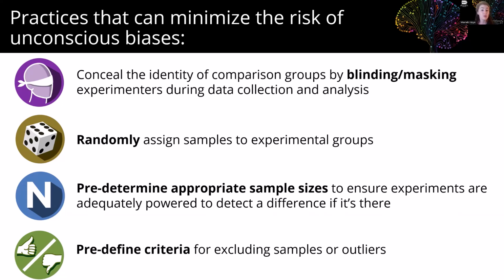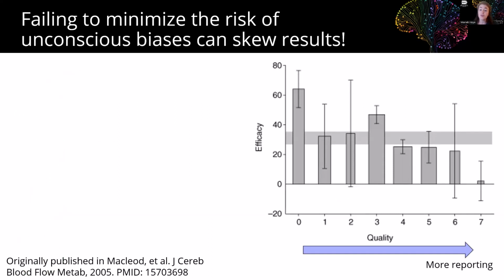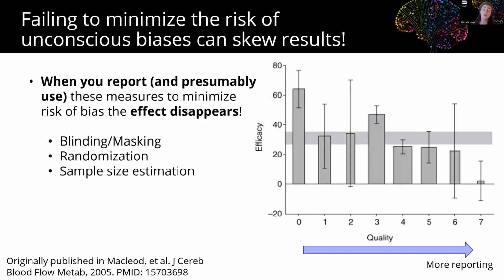So what happens when we don't employ these practices? Well, unconscious bias seeps in and can skew our results. This systematic review and meta-analysis assessed 29 studies of a drug that was tested in animal models of stroke and found that there was minimal effect of the drug in these studies where they reported and presumably used these various measures to minimize the risk of unconscious bias, such as blinding and masking, randomization, and sample size estimation.